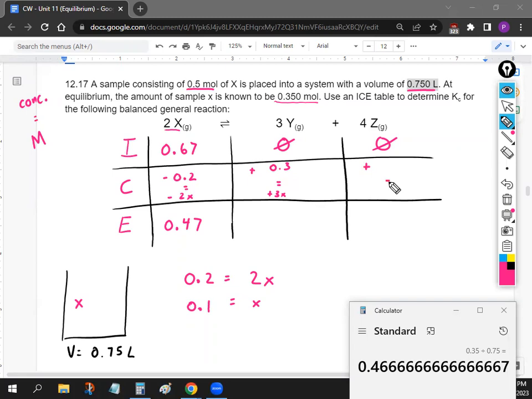Same thing here. We're going to have 4X appearing, which is obviously 0.4. Wait, why is it 4X? Because of this coefficient in the front. So 2 moles disappear, 3 moles appear, so that's 3X. And then 4 moles appear, which is 4X.